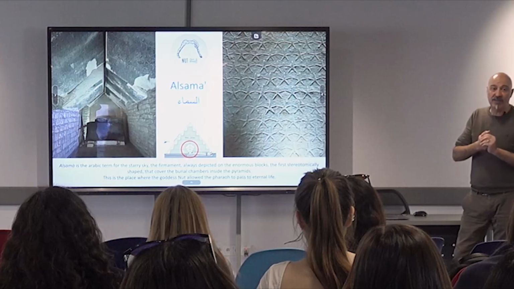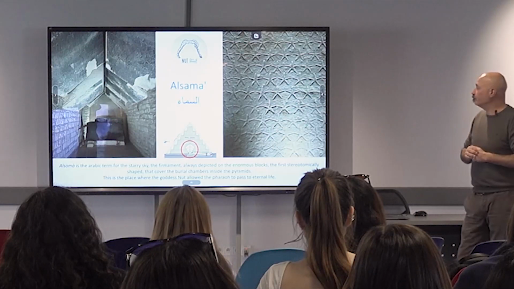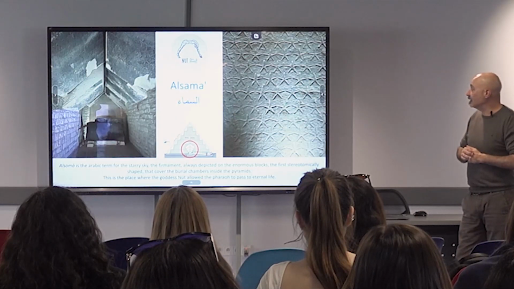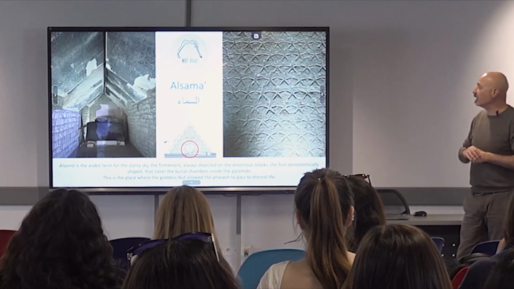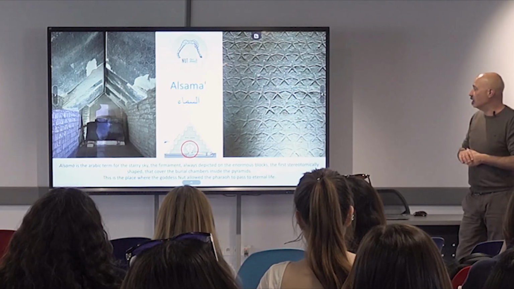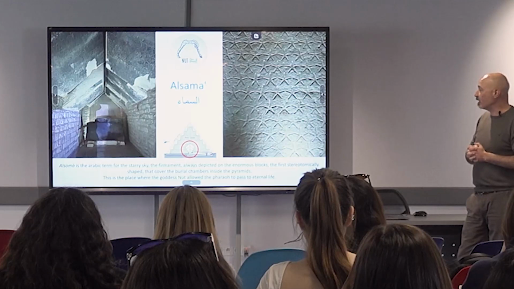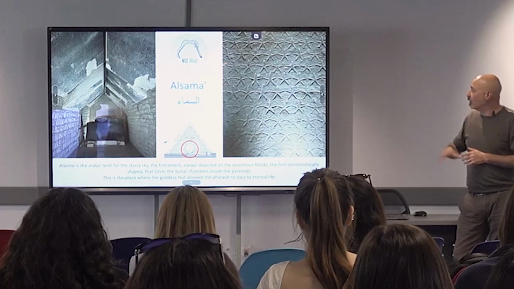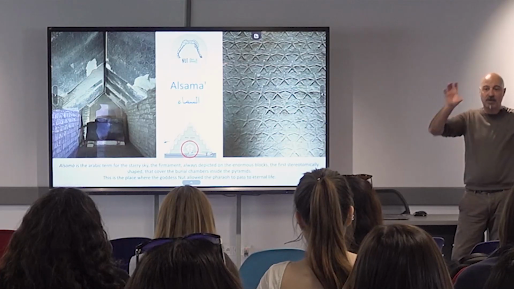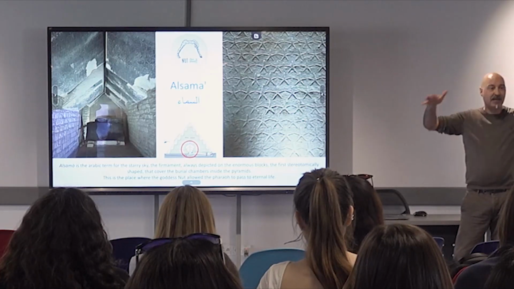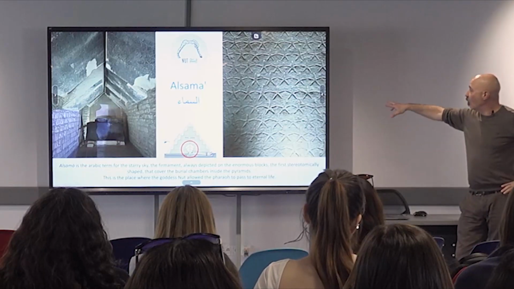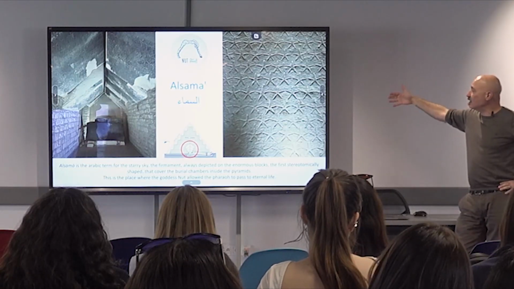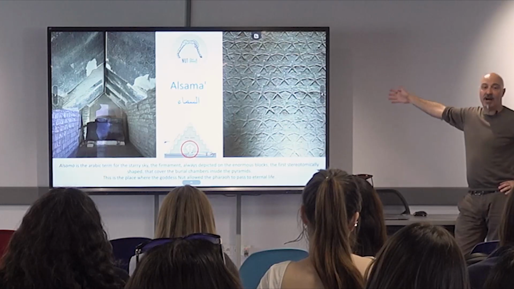I think that one of the first real origins of the logic of stereotomic construction comes from the burial chamber inside the pyramid. If we see the small chamber, we can see that the stone cut in order to create the sky, the upper part, was designed with a series of stars.